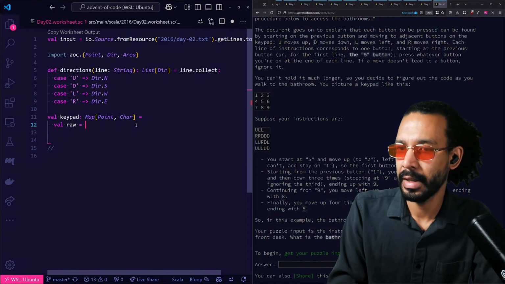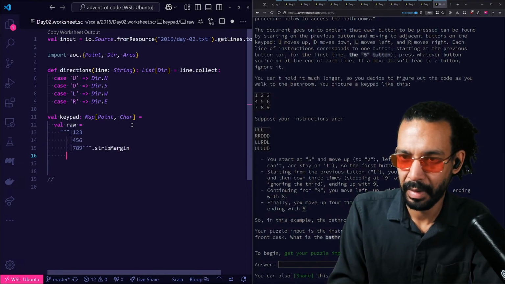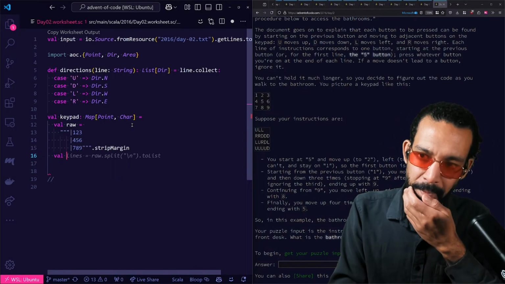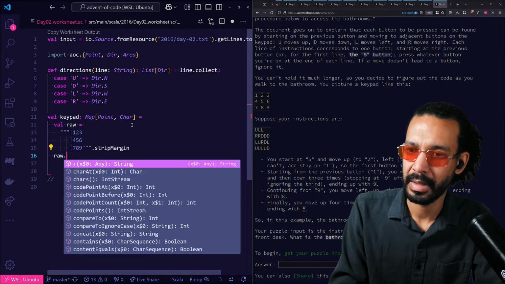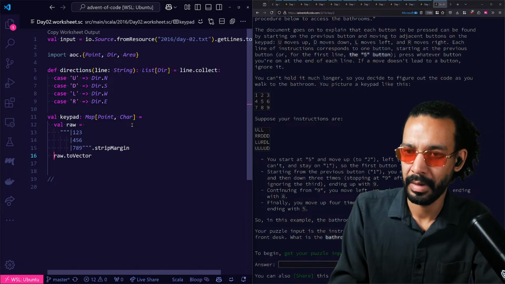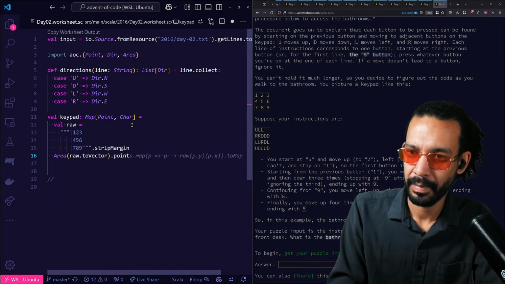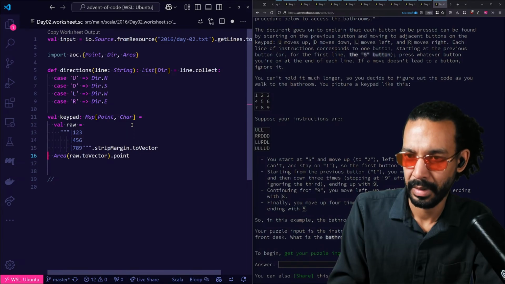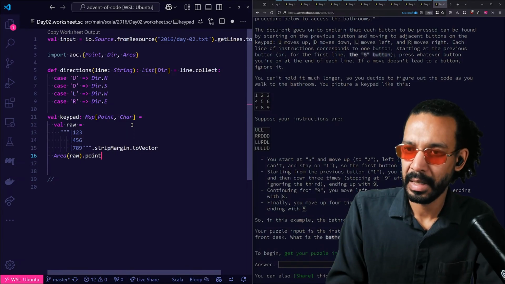So val raw equals exactly that. We're going to do an area around that. So raw dot to vector, area the point. Add no strip margin. We'll just turn this into a vector here. Okay, so area, and we get the points iterator.